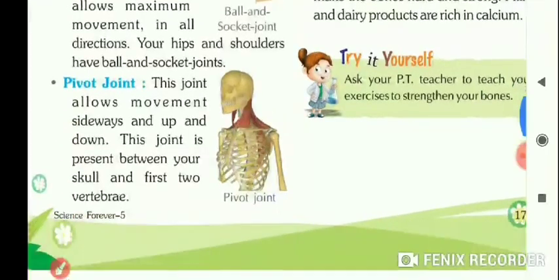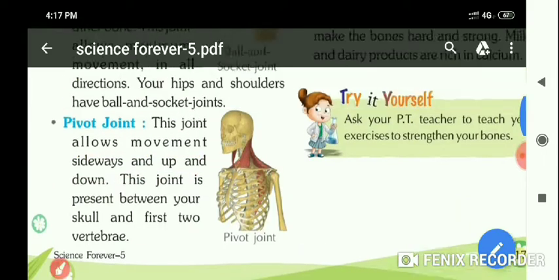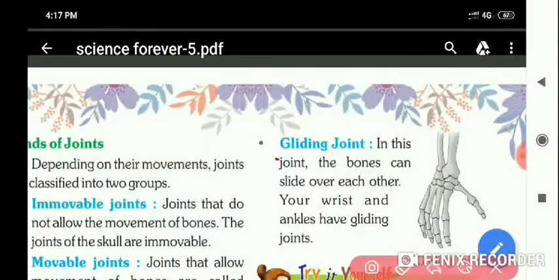Then the third one, pivot joint. This joint allows movement sideways and up and down. Now the fourth point is gliding joint. In this joint, the bones can slide over each other up to here. So these are the 4 types of movable joints.